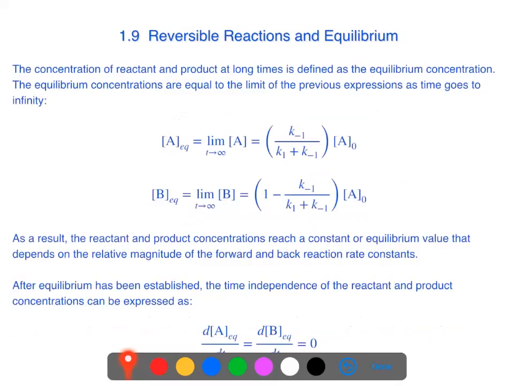Now, the concentration of reactant and product at long times is defined as the equilibrium concentration. The equilibrium concentrations are equal to the limit of the previous expressions as time goes to infinity.